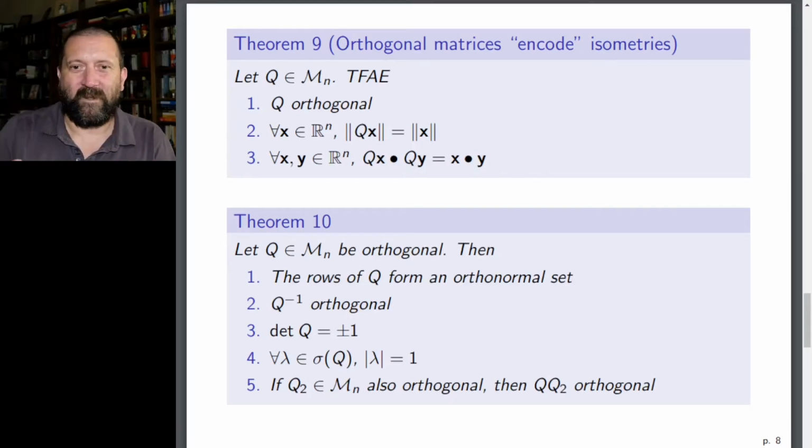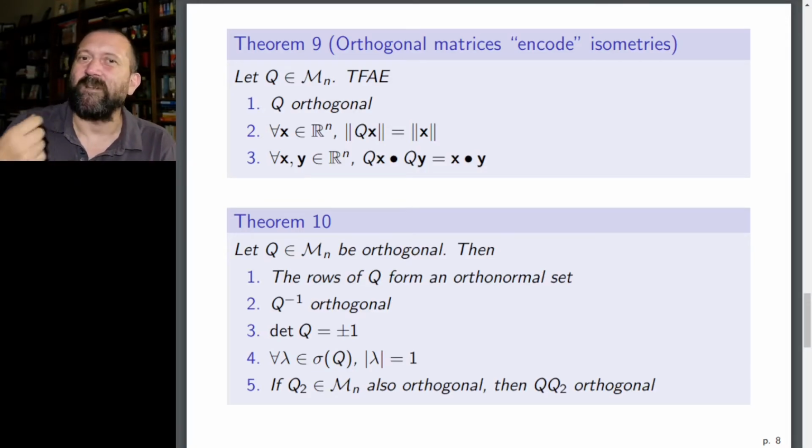So what statement number 4 says is that for all eigenvalues of the matrix Q, the modulus of lambda, lambda being an eigenvalue, is equal to 1.